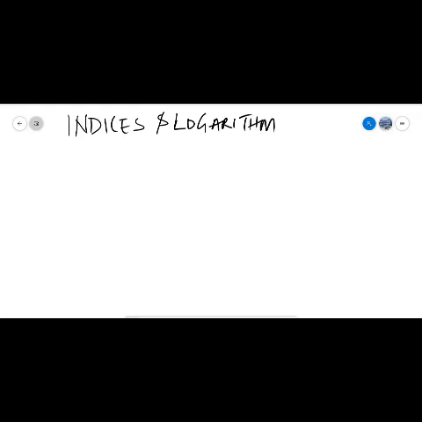Now remember that when we write an expression like this, what it means is that the number 3 is the base and 81 is the power. Okay, we say that 81 is the fourth power of 3.